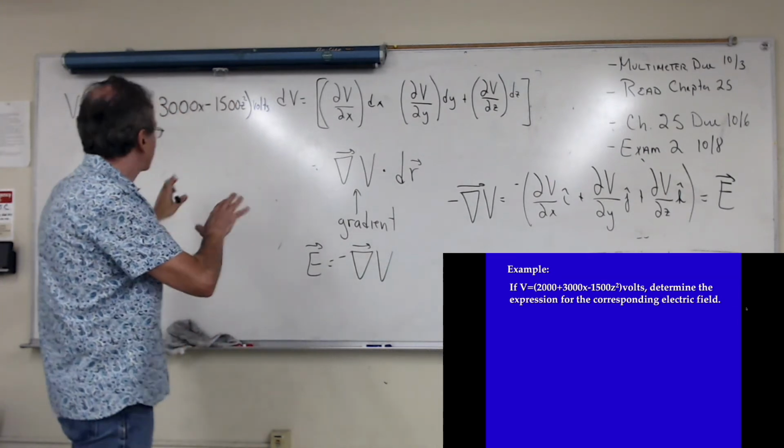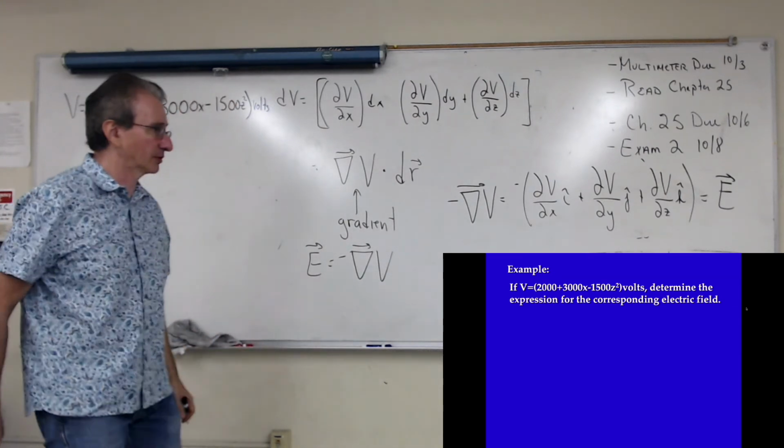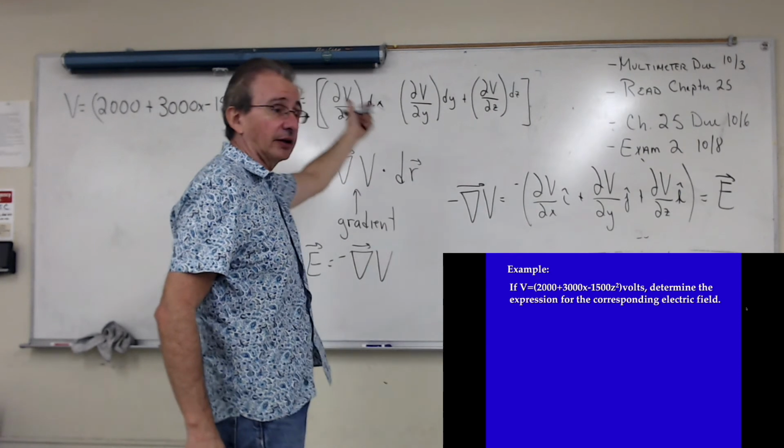Let's say V is a function of position in space, which is some kind of charge distribution. I want to calculate the electric field due to this charge distribution.